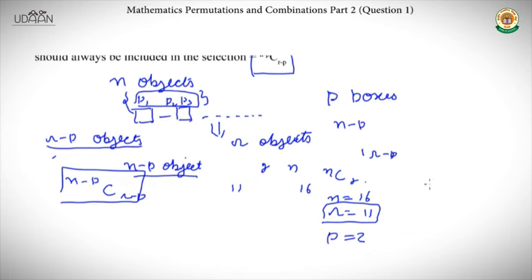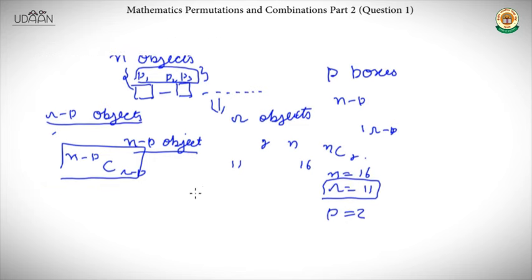So the solution for the problem will be 16 minus 2, that is n minus p, C 11 minus 2, that is r minus p. That's 14C9. Which can obviously be written as 14C5, and then we can simply go about finding its value. So here is the solution for this problem.